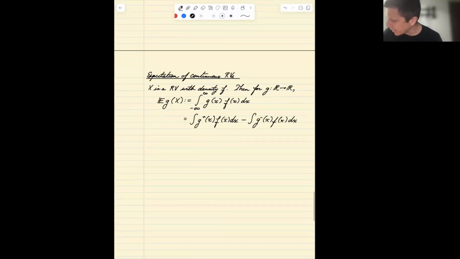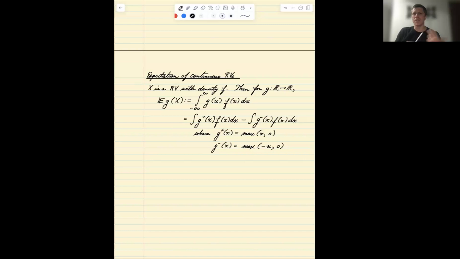Here g plus of x is the max of x and 0, and g minus of x is the max of minus x and 0. So it's the positive and negative parts.